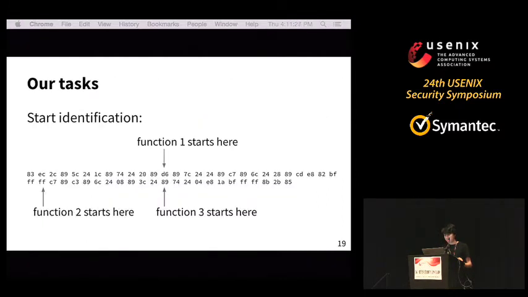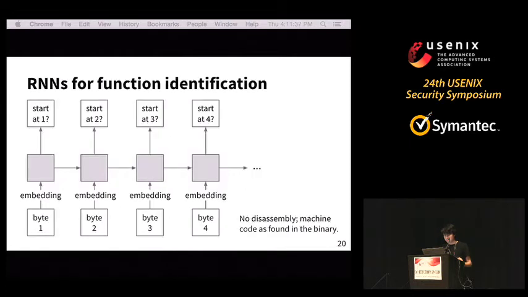So let's remind ourselves about what we want to do with this slide from a few slides ago. We have the binary, and then we want to point out where the functions start with the neural network. So how might we use these recurrent neural networks to do this? It could look something like this. We go through the binary one byte at a time, and we just input the bytes as is.